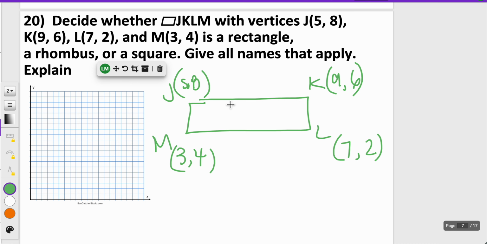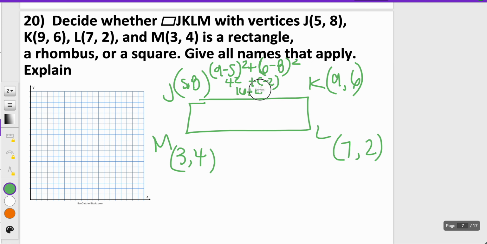Okay, so what we would look for then is first the distance between each of the segments. So I did your x's, so 9 minus 5 squared plus 6 minus 8 squared. That'll be 4 squared plus negative 2 squared. So I'm going to get 16 plus 4, which is the square root of 20.